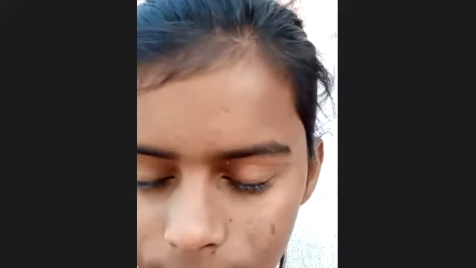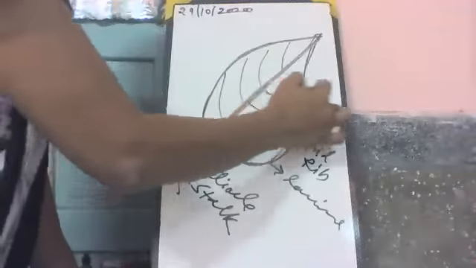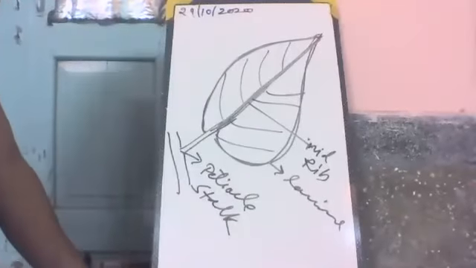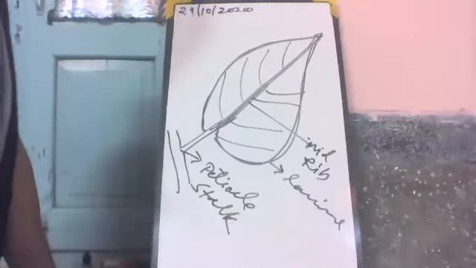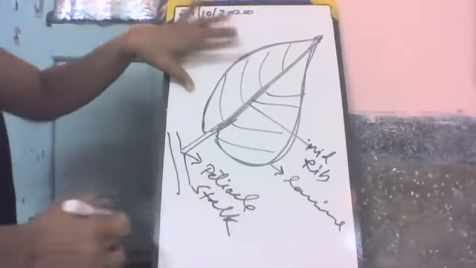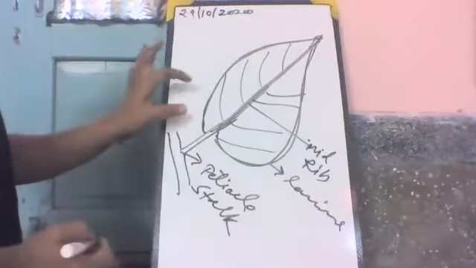From the midrib, it has many veins. They are known as veins. Types of leaves. There are two types of leaves, simple leaf and compound leaf. It's a simple leaf: only one leaf is present here.